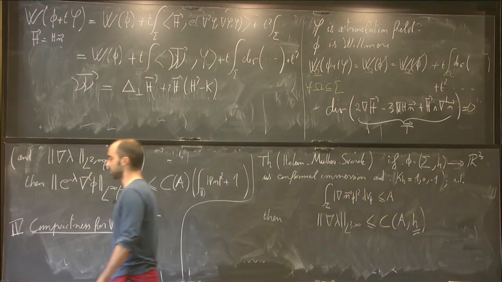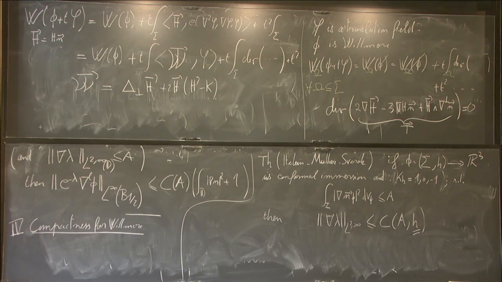So this is a brief sketch of the proof when the conformal class is fixed. And the question is, what happens when the conformal class degenerates? The behavior of the Green function has been studied a lot, notably in arithmetic, where this kind of problem is very important on an arithmetic surface.